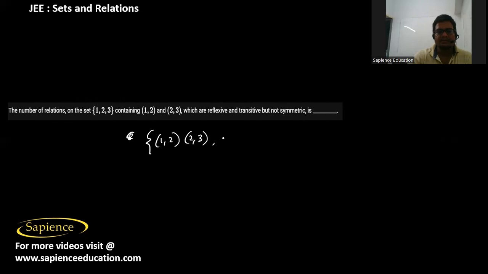It has to be reflexive, so it should contain (1, 1), (2, 2) and (3, 3) obviously, and it should be transitive.